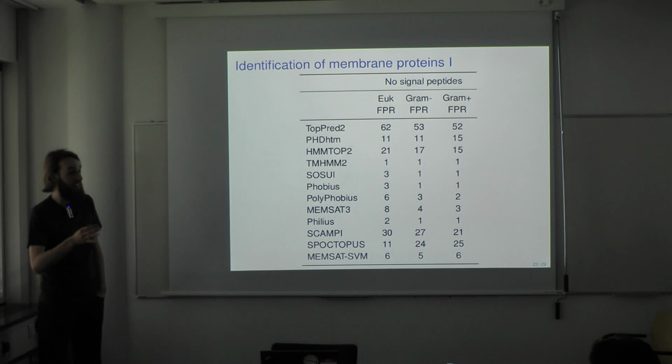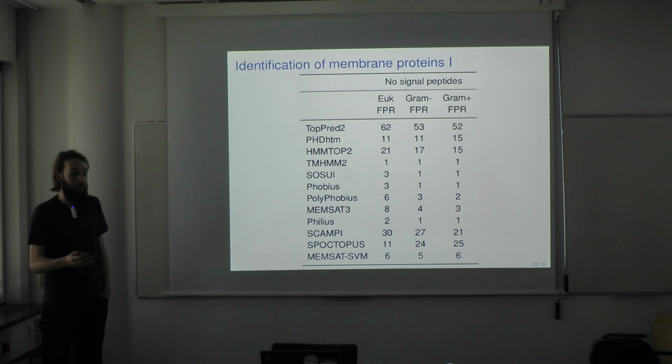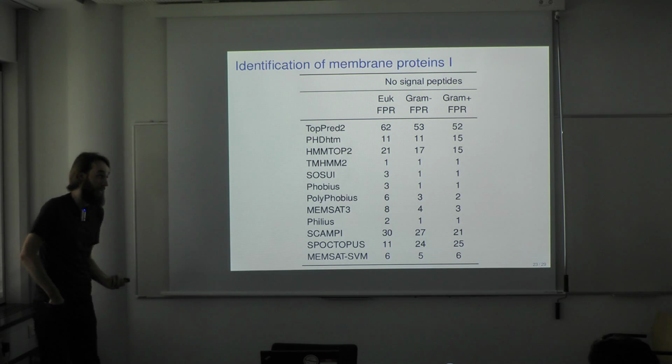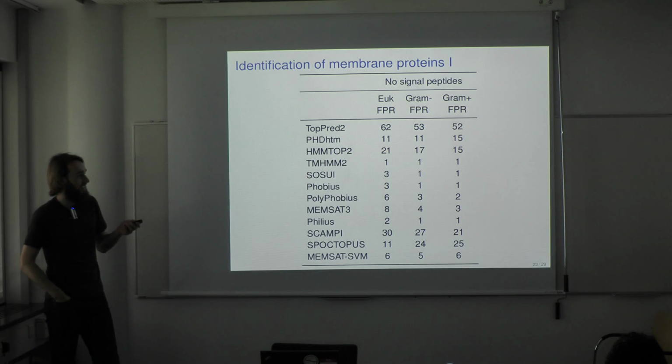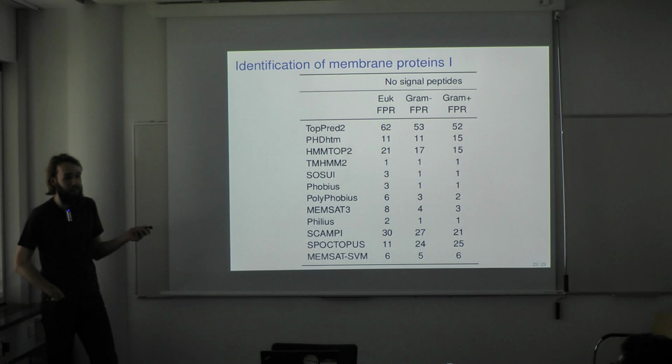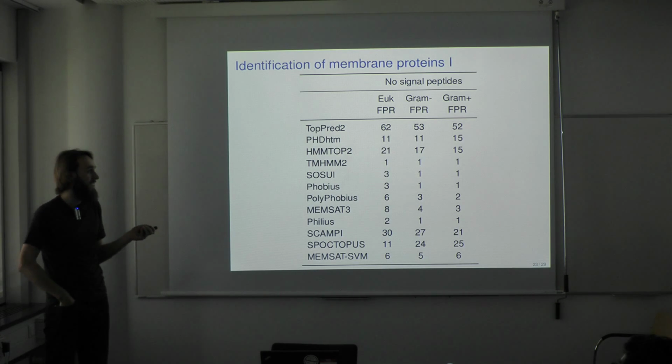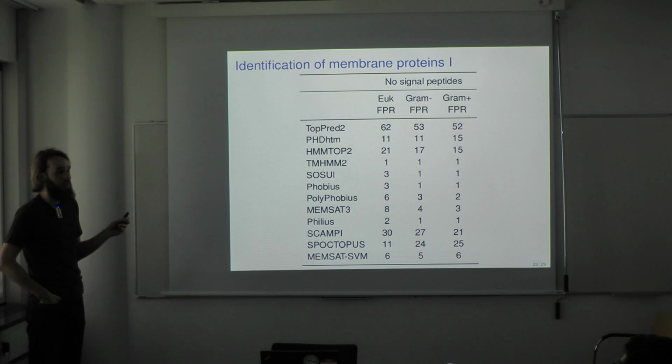In fact, to make it even worse, sometimes the signal peptide is a transmembrane helix. So often they are cleaved off, but sometimes it's even left on and does become a transmembrane helix. So this is a distinction that has to be made by these methods. If they don't know about this, then you have a big problem when distinguishing between soluble proteins and transmembrane proteins.